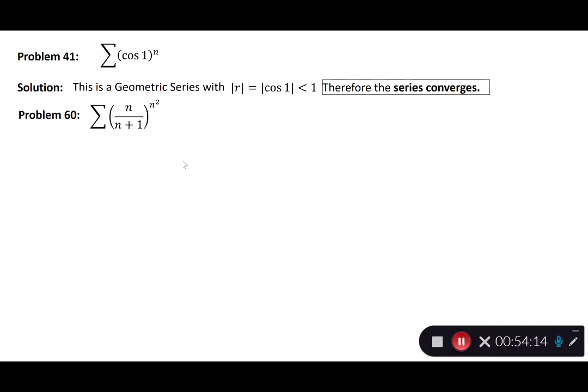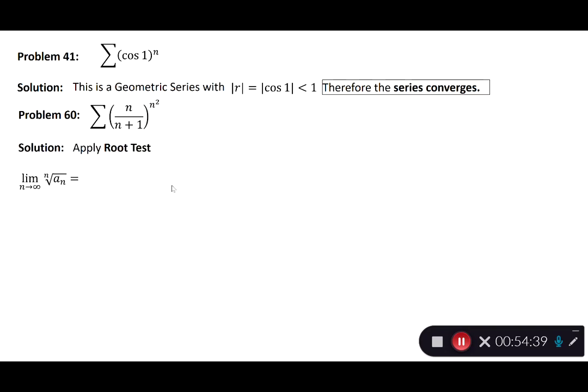3 stars. Now this is cool like you wouldn't believe. It's a pretty challenging problem. Now watch this. We will apply the root test for this one.